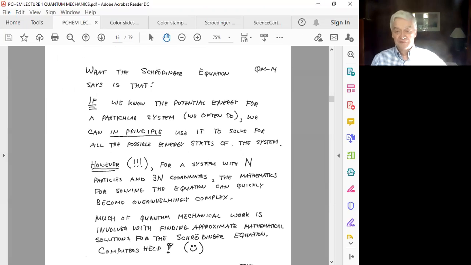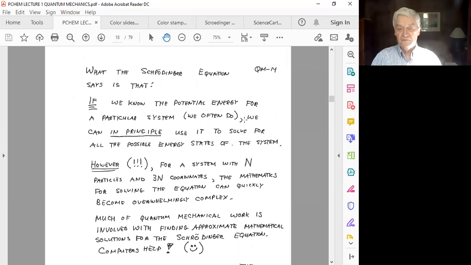Okay, so let me tell you a few more things about the Schrodinger equation. It says, if we know the potential energy for a particular system, and I've written we often do, a better statement would be we do most of the time, we know what the potential energy function is. We can, in principle, use it to solve for all the possible energies of this system.